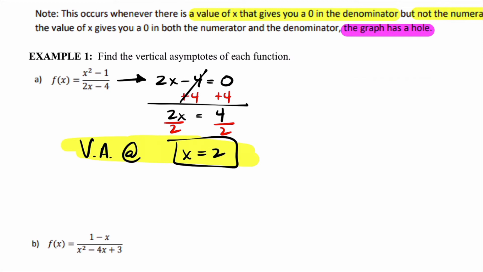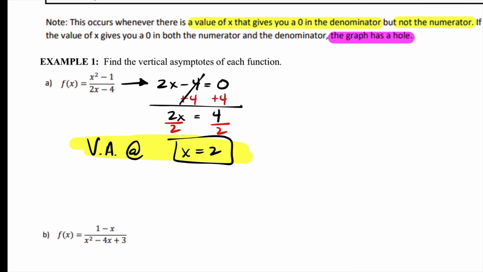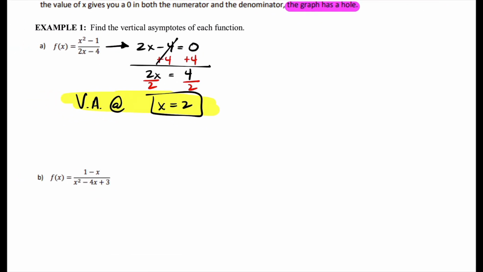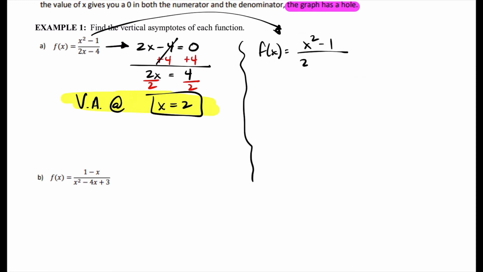There's another way of doing it. That's one way of doing it. The other way is factor first. If we have f of x equals x squared minus 1 over 2x minus 4, the other way of doing it is factoring it first.